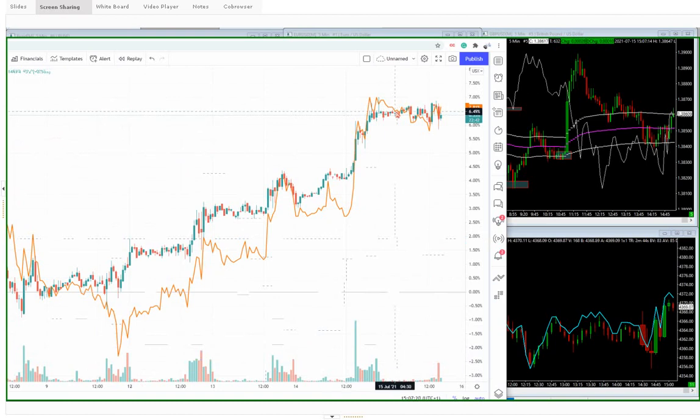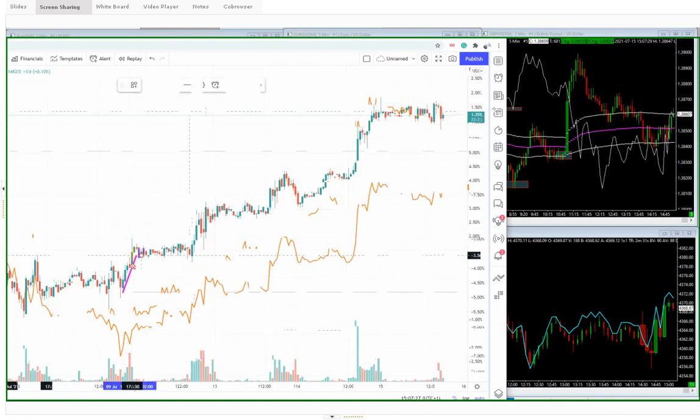We can also start to see that as the market comes into the US session, it is very important that we recognize where the market is going into the US session, because you can see the market's rallied at the end of the US session here and then traded bullish into the US Open.